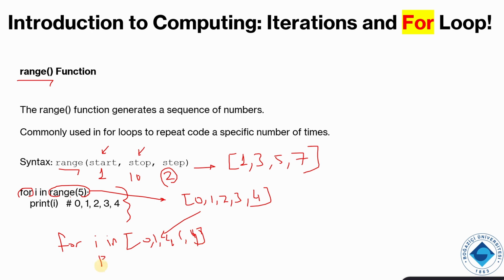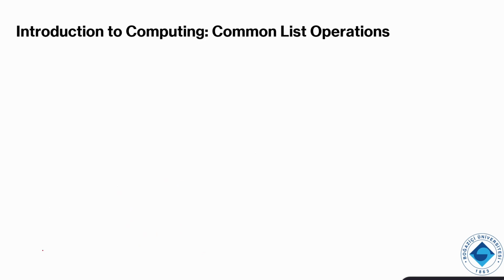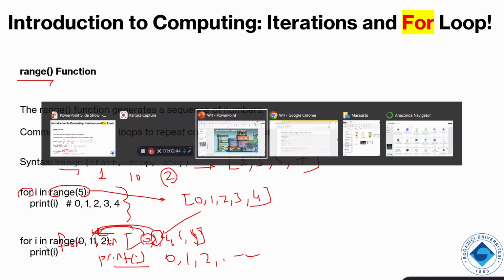Then it will print all numbers step by step, right? In the first round, 0 will be assigned to i and it will print 0. In the second round, 1 will be assigned to i and it will print 1, and 2 and so on.